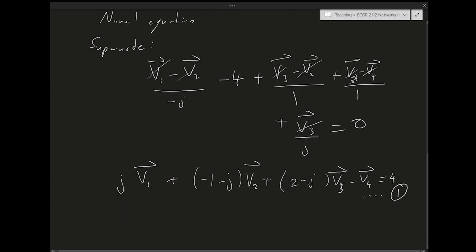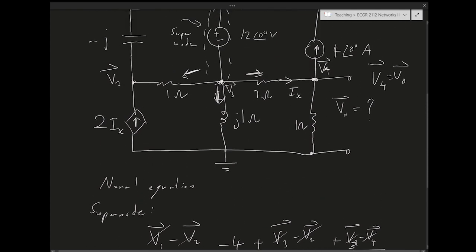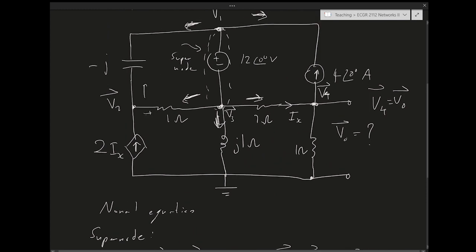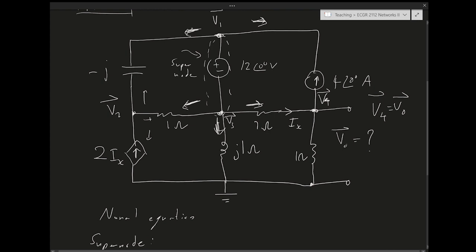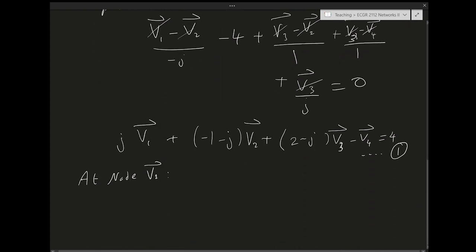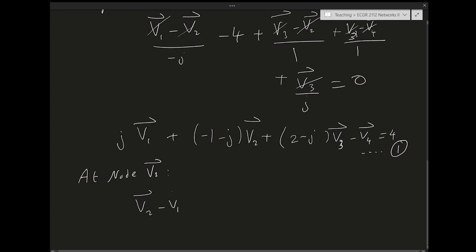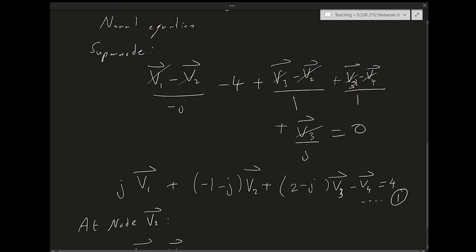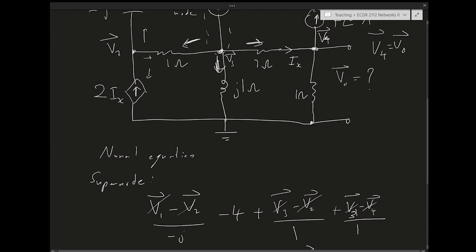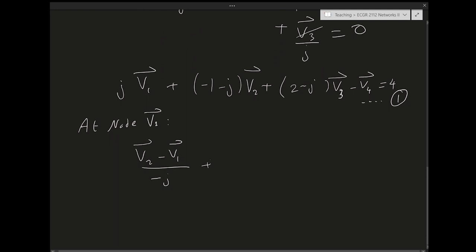Then I want to look at node V2. At node V2, I have 3 currents leaving. First, V2 minus V1 over minus J. And then the second current leaving, which is V2 minus V3 over 1, and then I have minus 2Ix, the dependent source, equals 0.